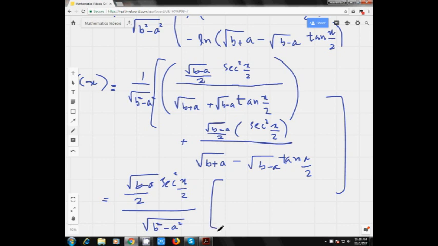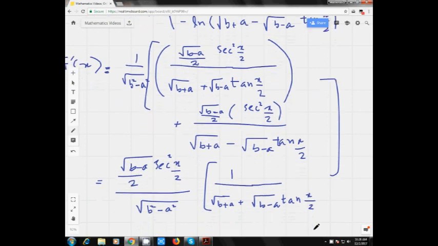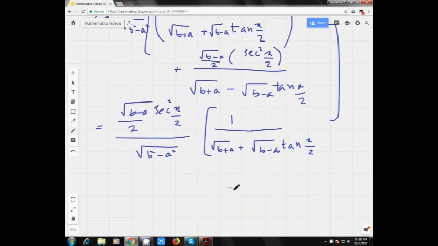What is left inside is 1 divided by square root b plus a plus square root b minus a tan x by 2, and plus 1 divided by square root b plus a minus square root b minus a tan x by 2.